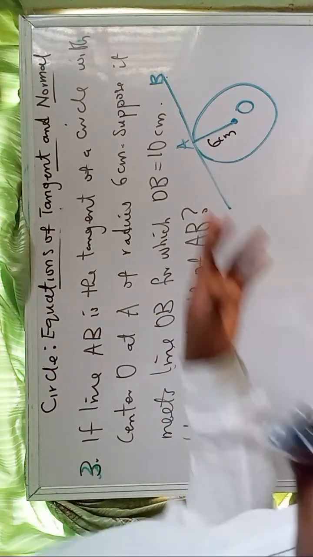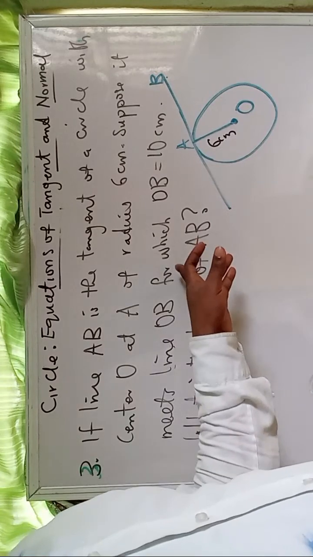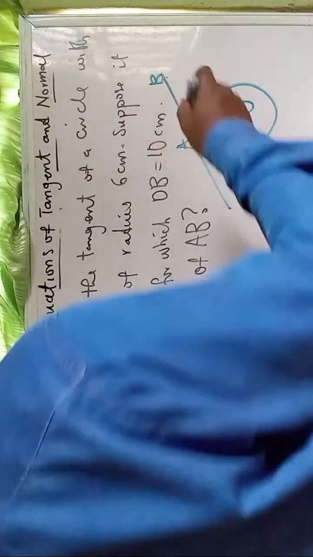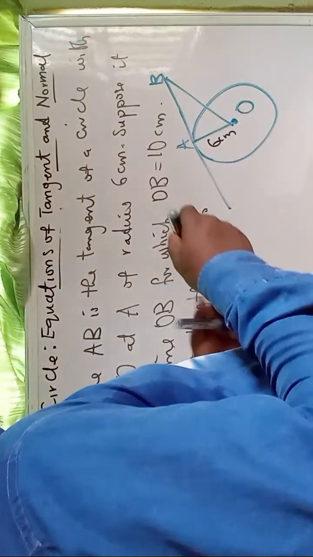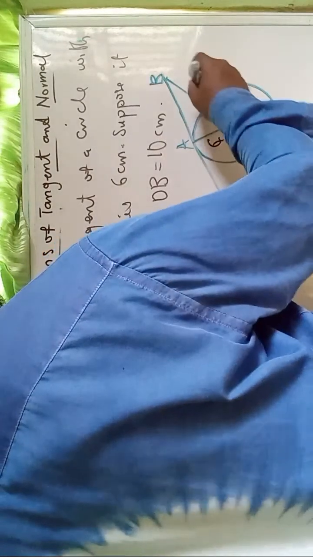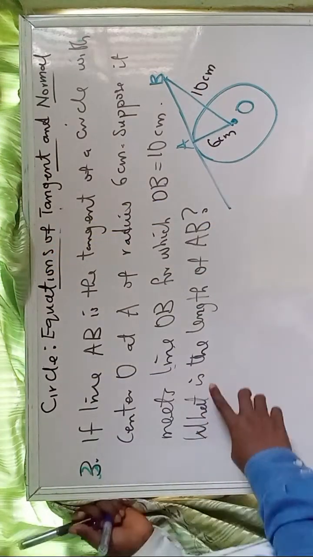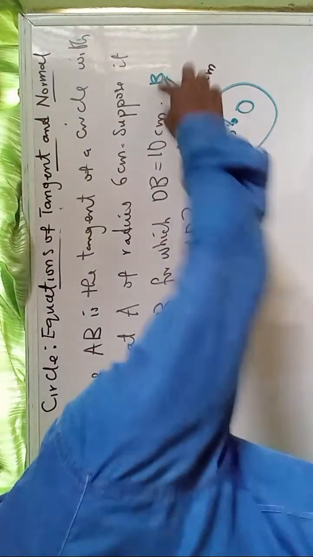Again, we are told that the line OB is 10 centimeters. So we are now asked to find the length of AB.